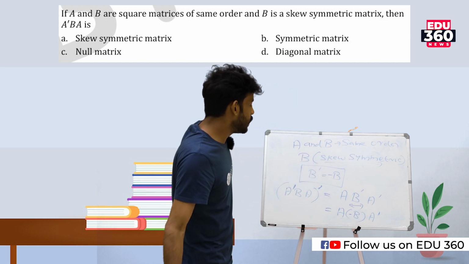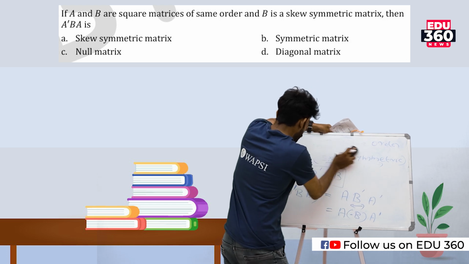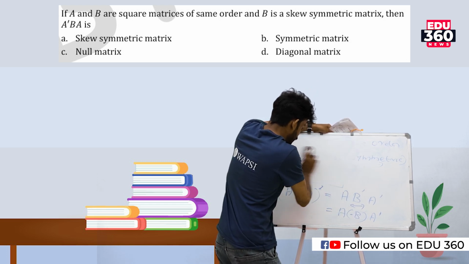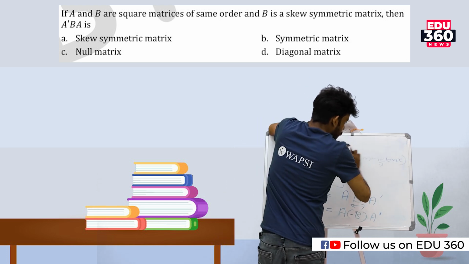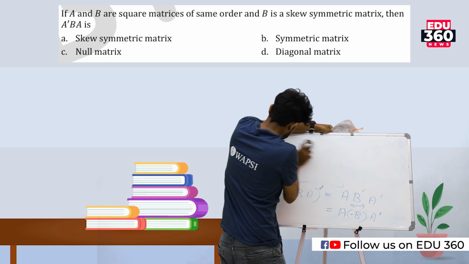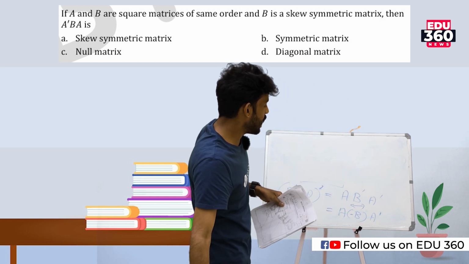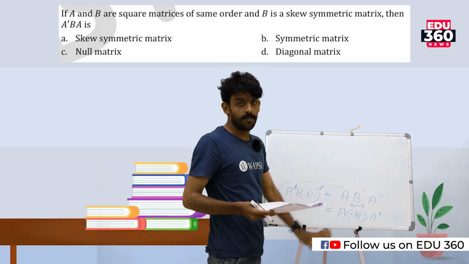So this is equal to A minus B A transpose.